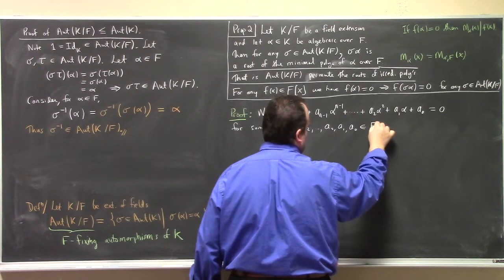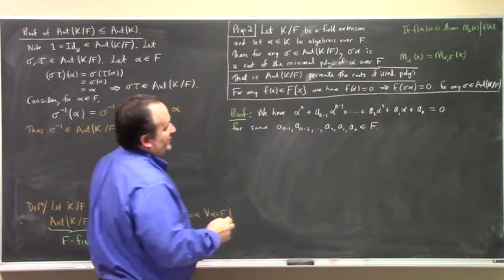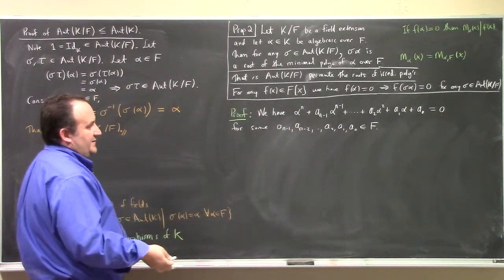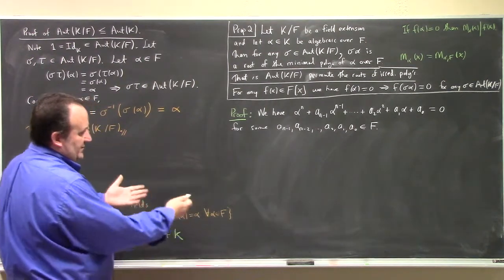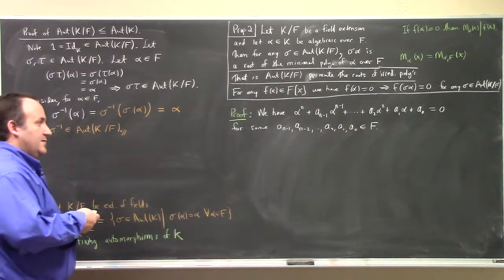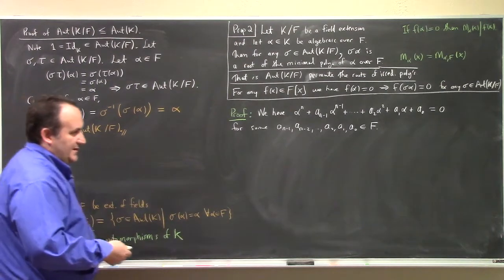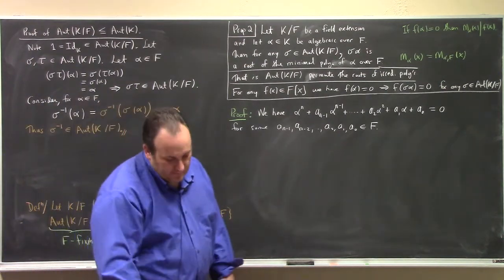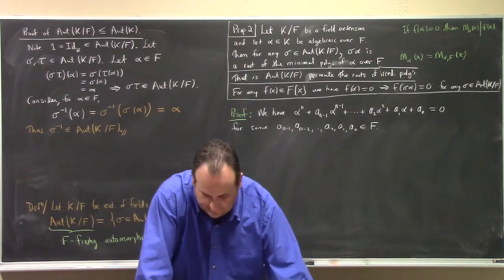Because we're assuming it's algebraic over f, there's some polynomial in f which, when you plug it in, you get 0. And without loss of generality, we can take that to be a monic polynomial, as I have there.